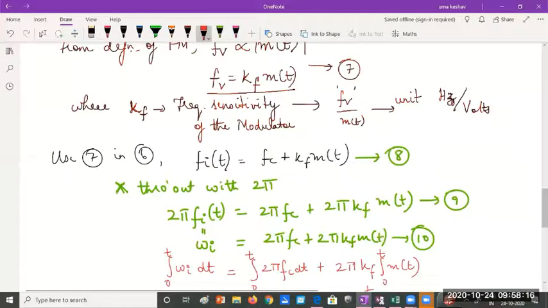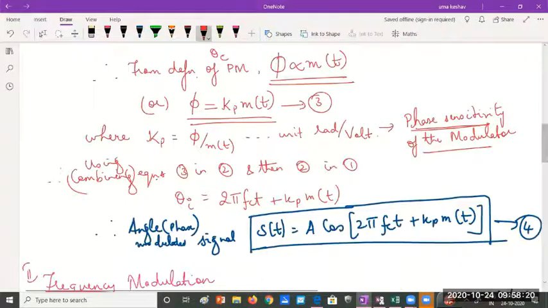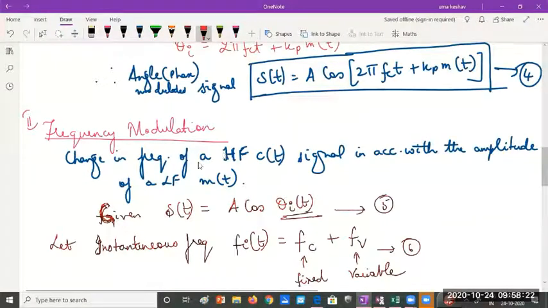So coming back to the derivation of this equation. Let's start with the definition of FM. Frequency modulation is defined as change in the frequency of a high frequency carrier signal in accordance with the amplitude of a low frequency message signal. So please remember this definition correctly.